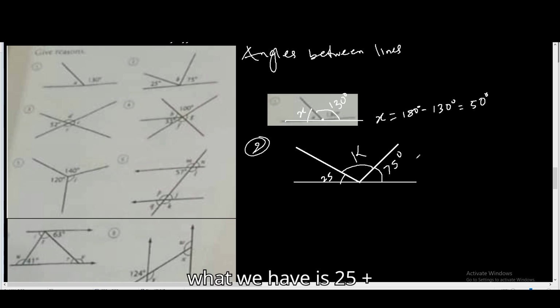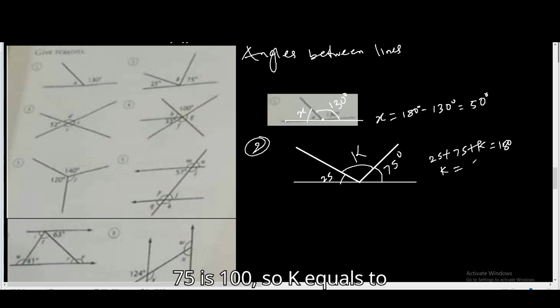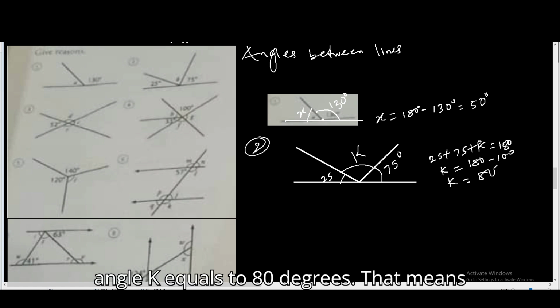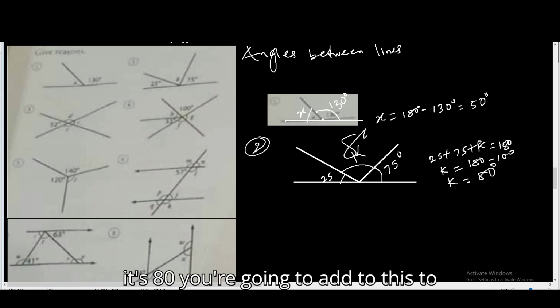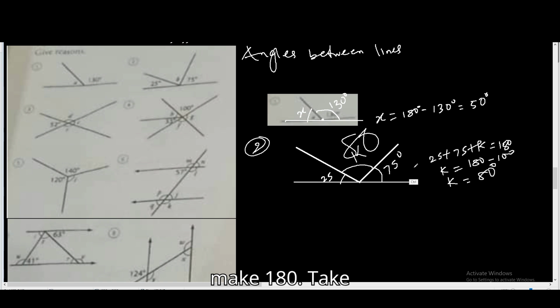So what we have is 25 plus 75 plus k equal to 180 degrees. 25 plus 75 is 100. So k equals 180 minus 100. And angle k equals 80 degrees. That means it's 80 you're going to add to this to make 180. Take note of that. Then the next one, number 3.